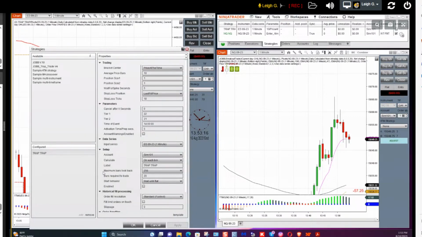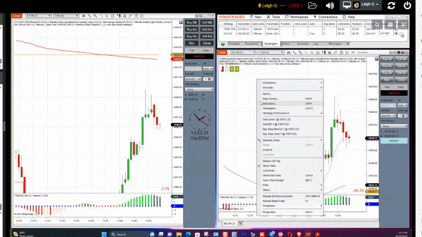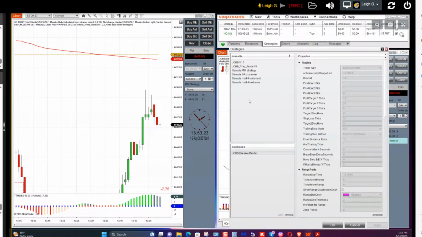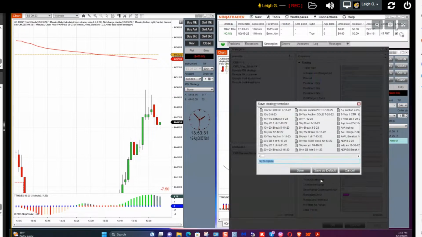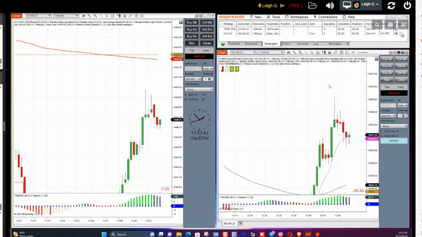And then I'm going to save my NQ trade also as a template. And the reason I'm doing this is I want to reset my account so it's set to 0, our SIM account.